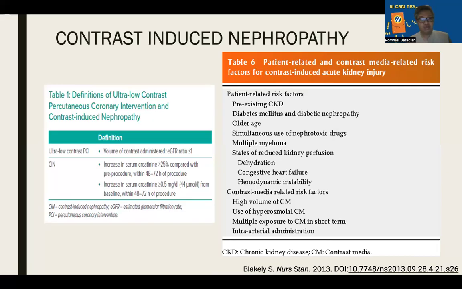So it's more than 25%, so it's most likely a contrast-induced nephropathy. What is uncommon here is that it won't present with oliguria or anuria. So this is a non-oliguric type of acute kidney injury.